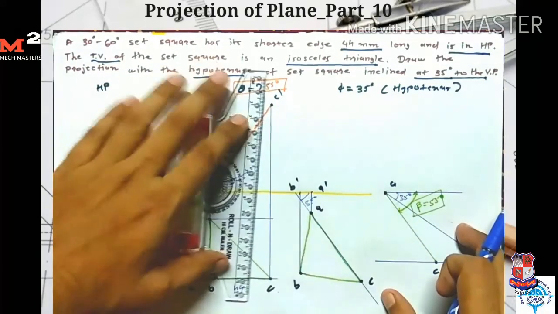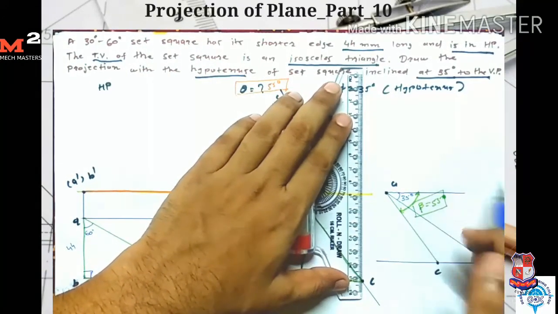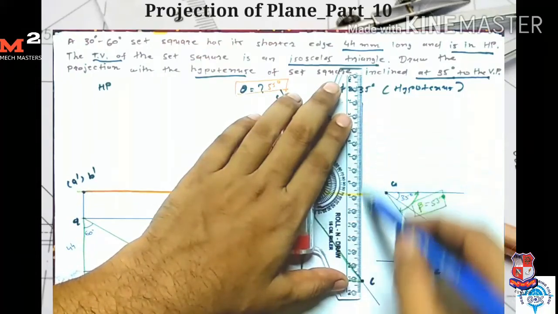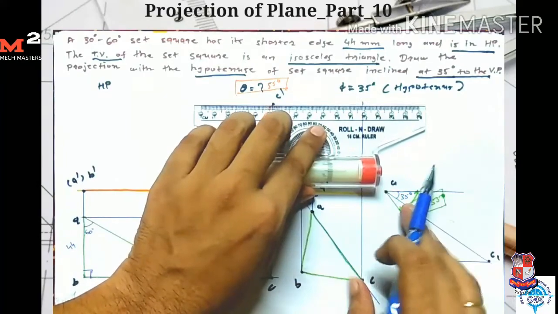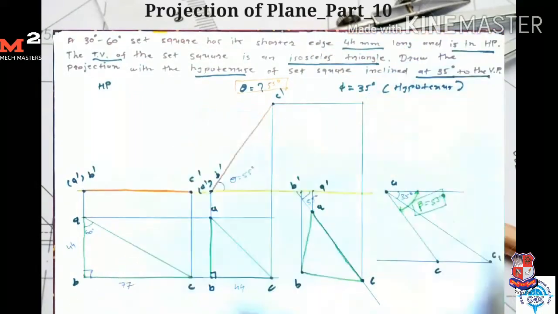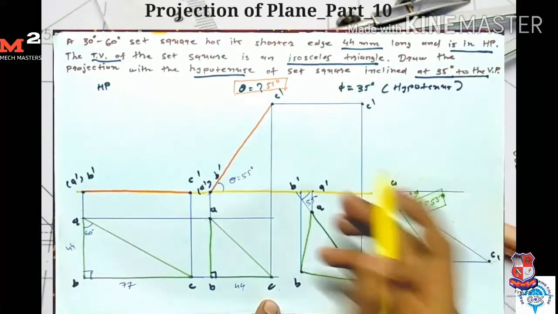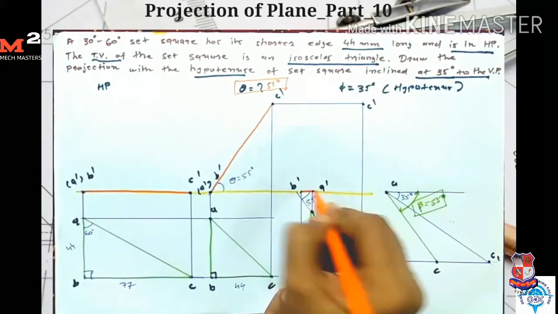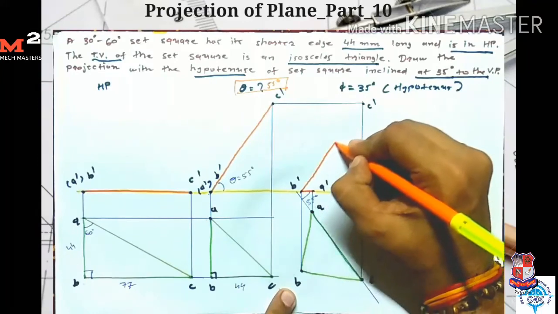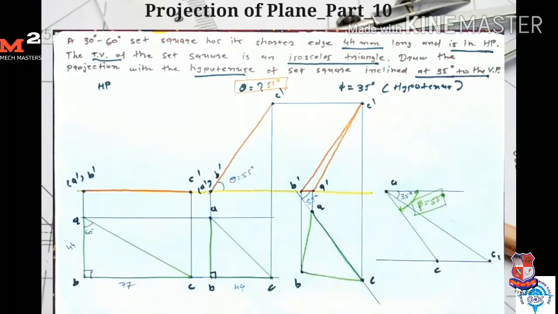Now for point C dash, I take the projection from here and from here, so I get my point C dash. After joining A dash B dash, B dash C dash, and C dash A dash, I get my front view for the third stage.